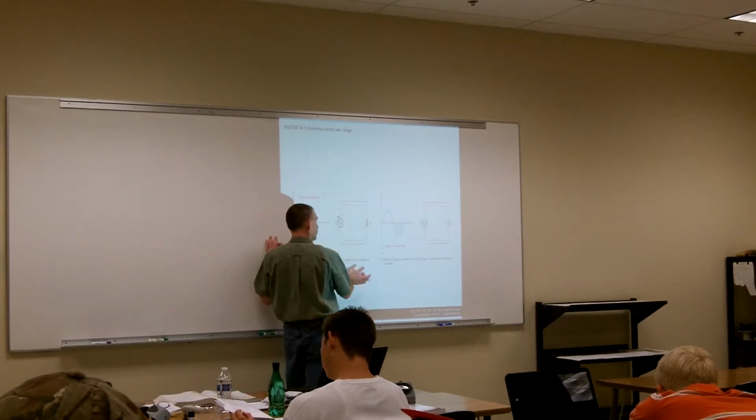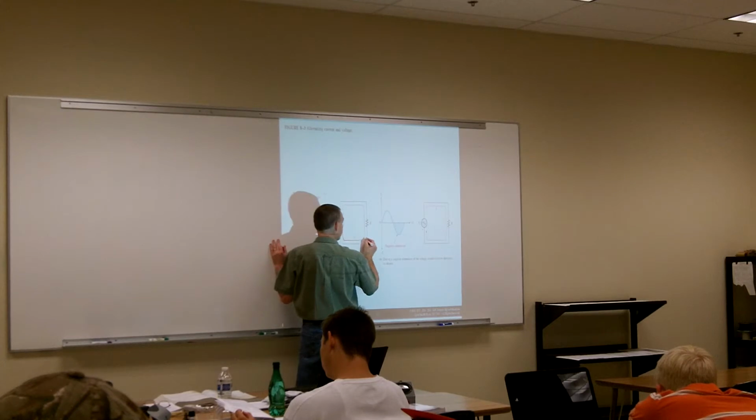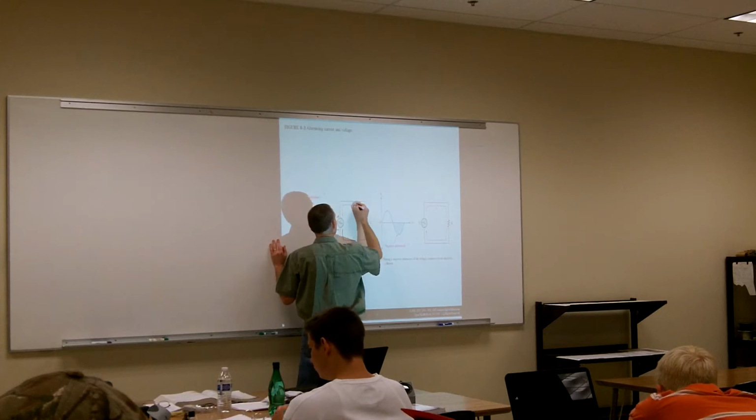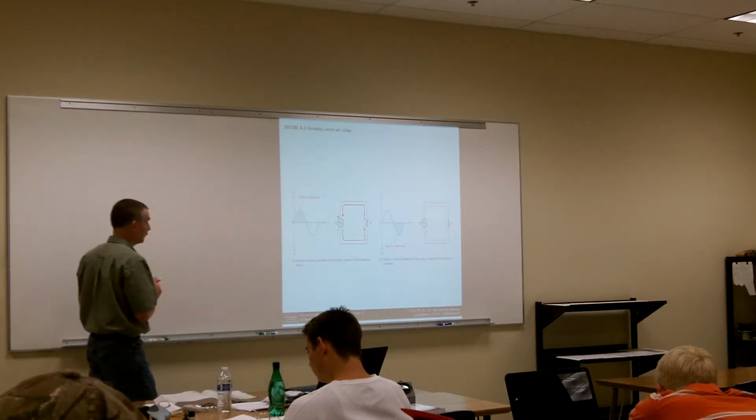And again, just like we did in DC theory, our electrons always flow from negative to positive. So my electrons are going to be coming out of the negative side of my source, going across my resistor. My polarity across my resistor is going to be negative, positive, and then it's going to go back across my source.